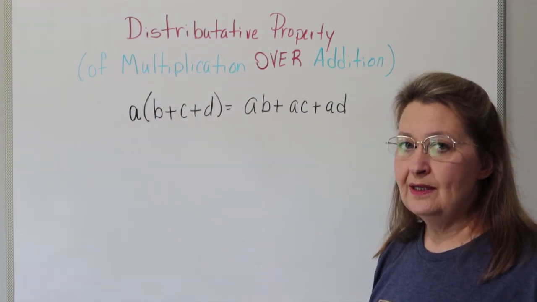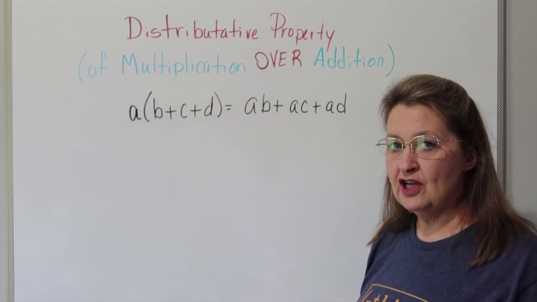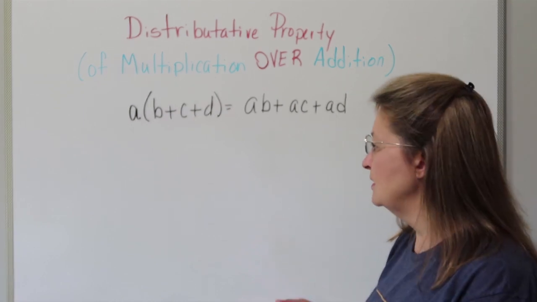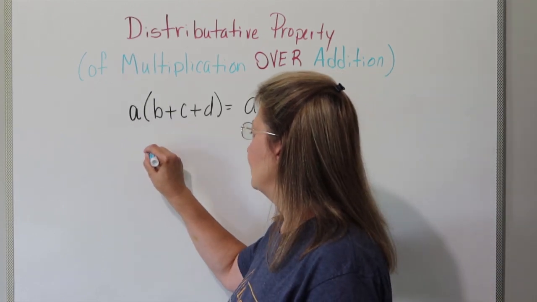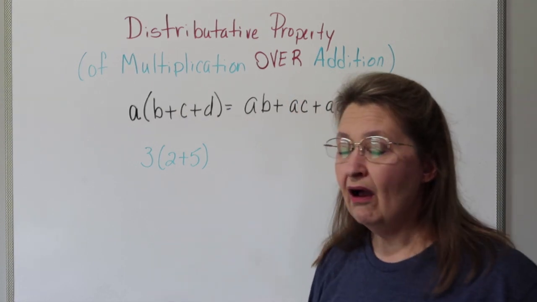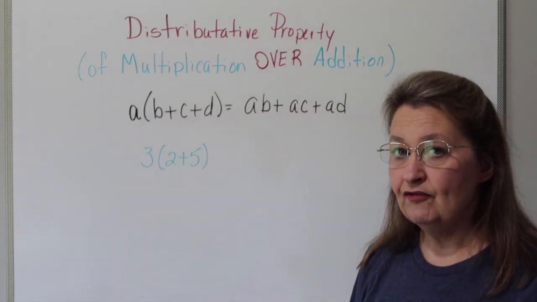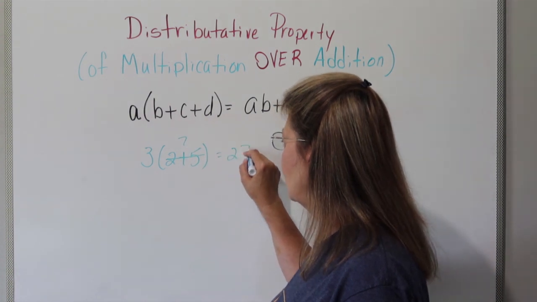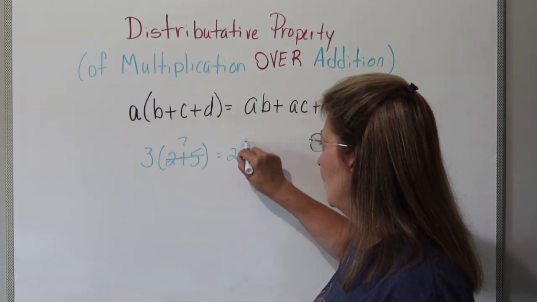We use this in PEMDAS for that very first step when you are trying to get rid of the parentheses. Now, for example, if I have 3 times 2 plus 5, I'm really not going to use the distributive property. For PEMDAS, I'm just going to add this together and say 3 times 7 is 21.